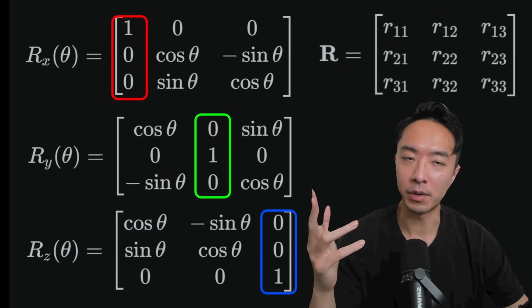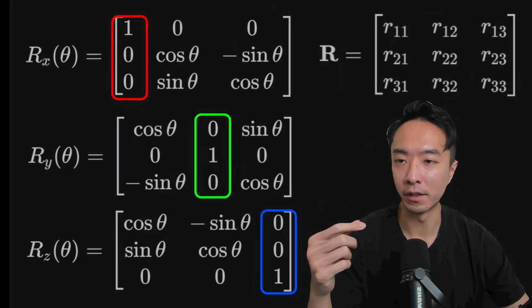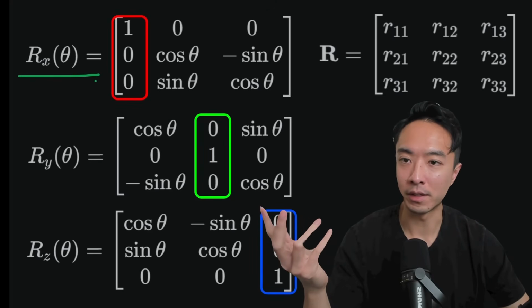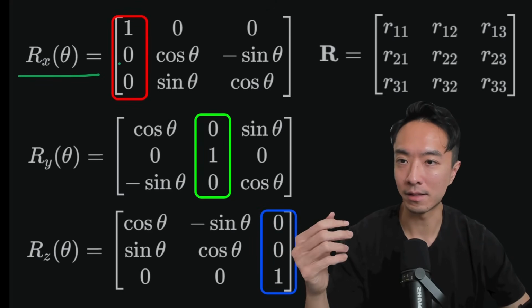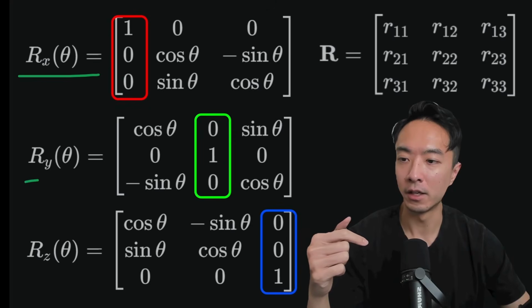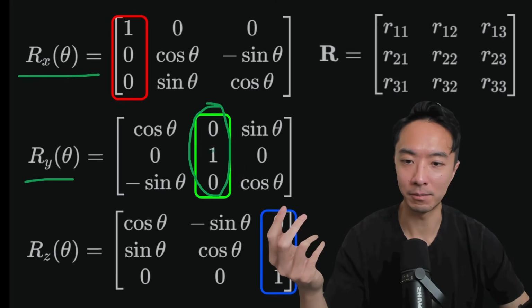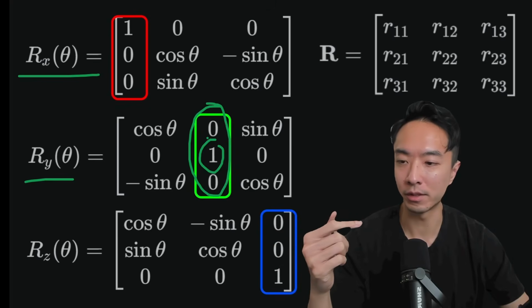And you could do the same process to derive the other rotation matrices. So this is the rotation matrix about the x-axis, where the x remains the same, 1, 0, 0. You have the rotation about the y-axis, where the y-axis remains the same. You can see the 1 in the second component.